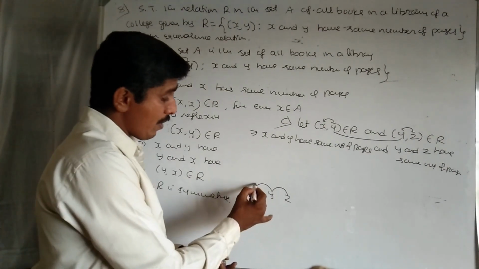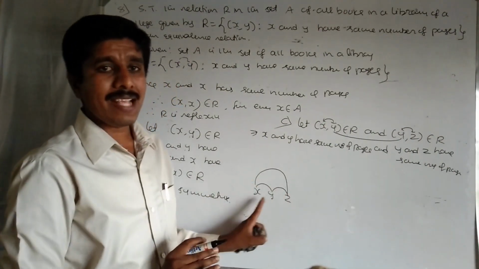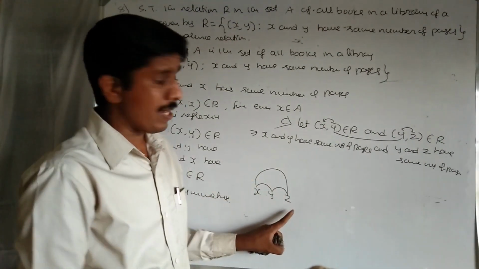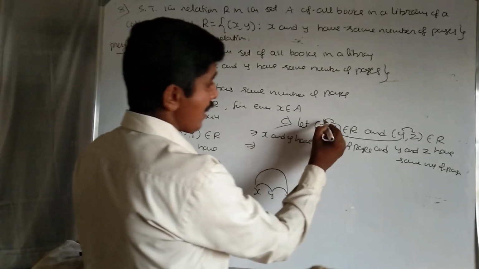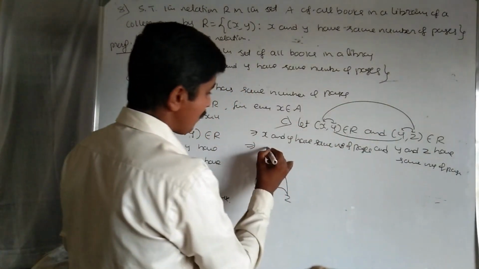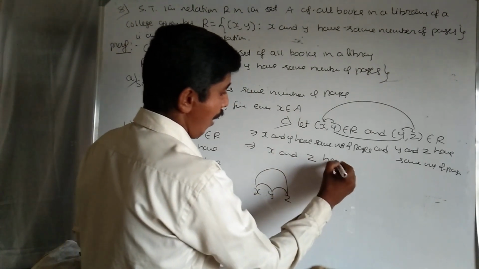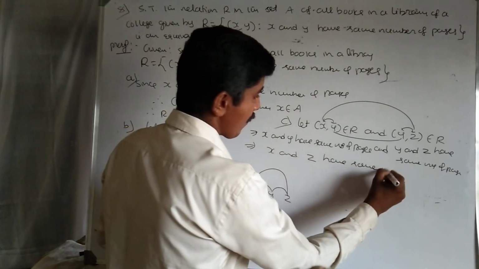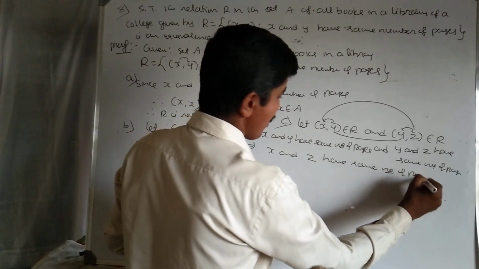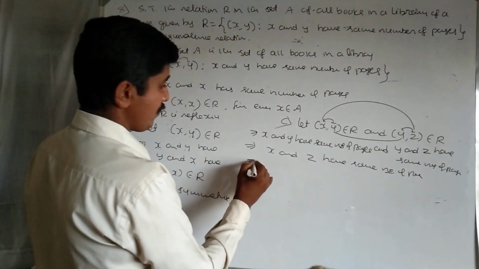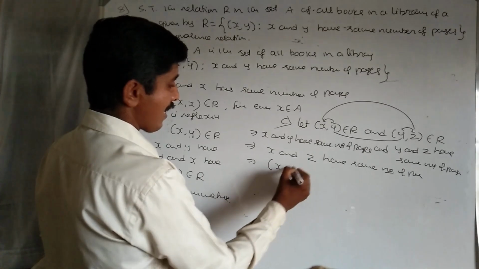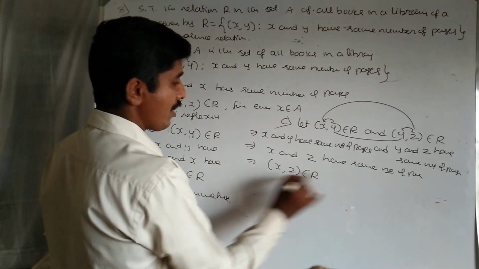Then what is the relation between x and z? X and z have the same number of pages. Clearly x and z have the same number of pages. Therefore, here (x, z) belongs to the relation.